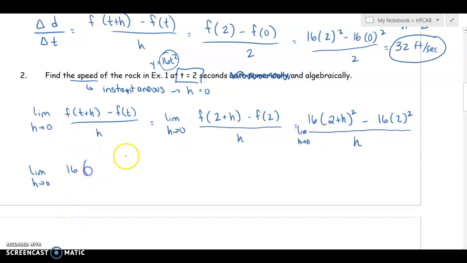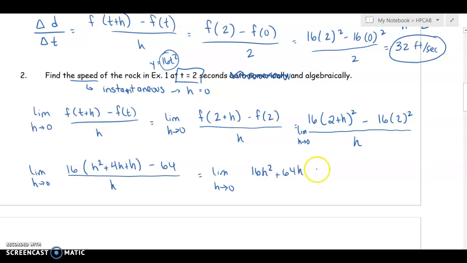It's going to be 16 times, when you multiply that out, you're going to get h squared plus 4h plus 4, minus 64, all over h. And then we can distribute the 16.